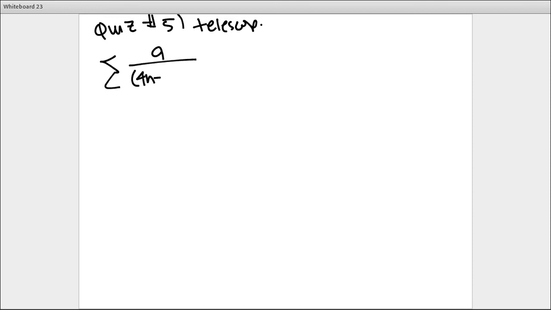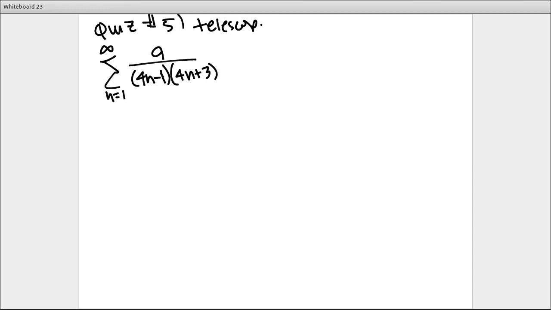Okay, I'll do one more and then I'll stop. Quiz number 5. It says, which of the following gives the sum of the telescoping series, the sum of 9 over 4n minus 1 times 4n plus 3, from n equals 1.